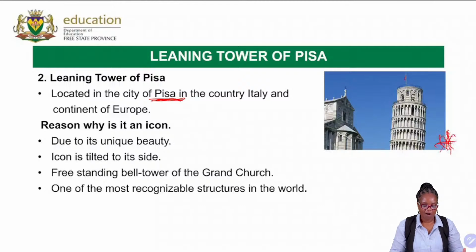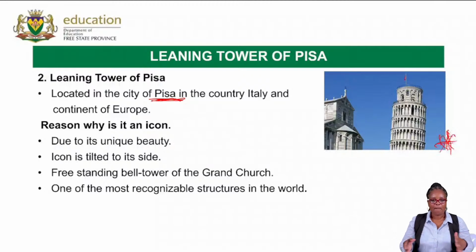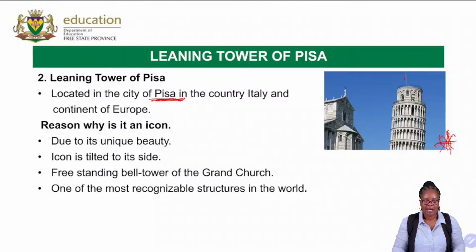Why is the Leaning Tower of Pisa regarded as an icon? If you look at it, you can see that it's because of its unique beauty. It's beautiful. And the fact that it does not stand straight, the fact that it is tilted to the side, makes it unique from other icons.